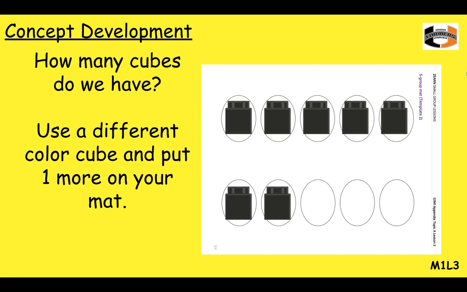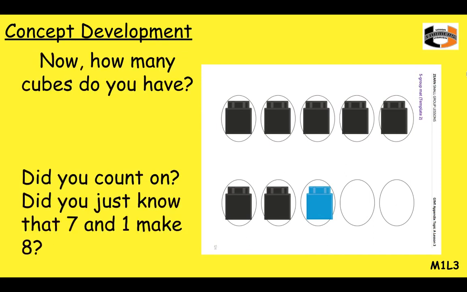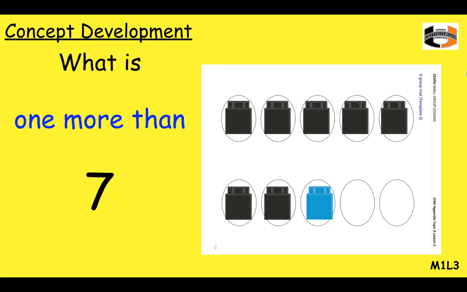Use a different color cube and put 1 more on your mat. Now how many cubes do you have? That's right, you have 8. Did you count on? Or did you just know that 7 and 1 make 8? What is 1 more than 7?